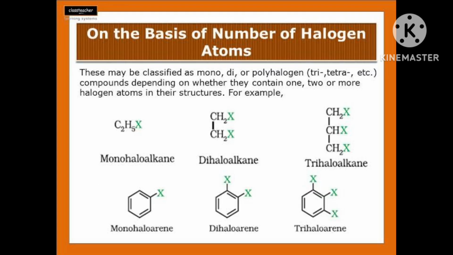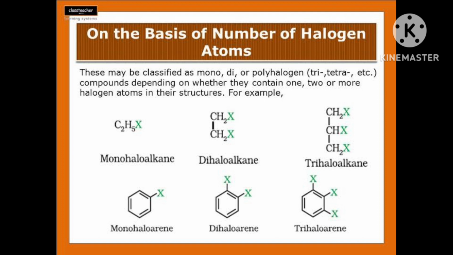Haloalkanes and haloarenes may be classified as mono, di or polyhalogen compounds, where polyhalogen means tri, tetra, etc., depending on whether they contain one, two or more halogen atoms in their structure.